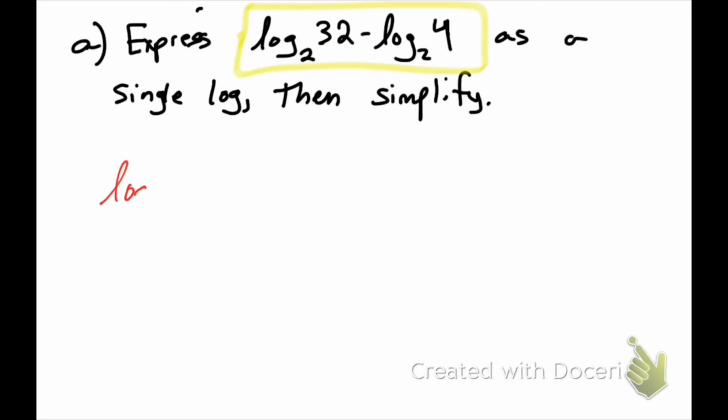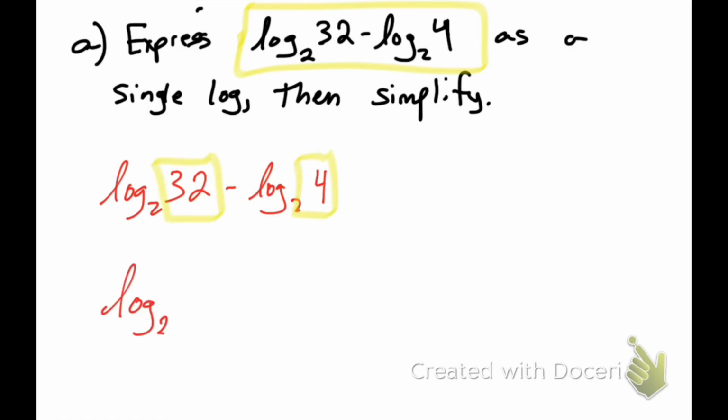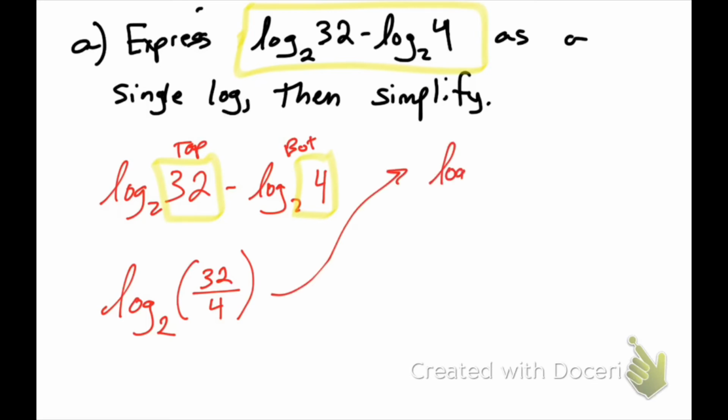Well, I take log base 2 of 32 minus log base 2 of 4. Here's m, here is n, so I can rewrite this as log base 2 of 32 divided by 4. Make sure this goes on top and bottom, because the order matters. When I simplify this, 32 divided by 4 gives me log base 2 of 8.